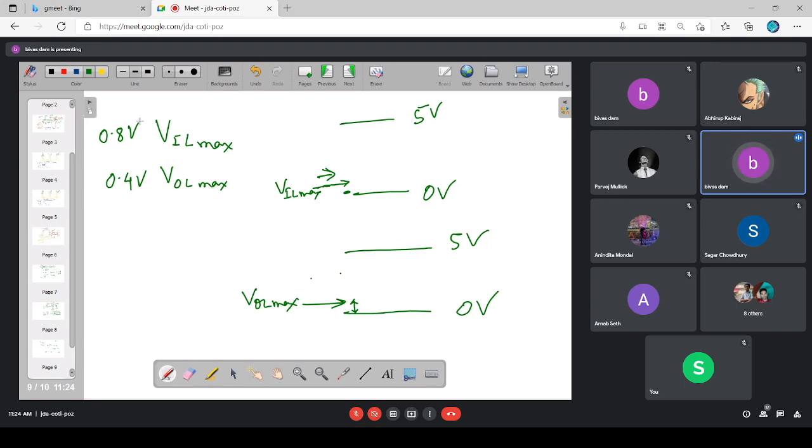How much positive noise can be handled here without giving any problem? 0.4 volt. So the noise margin under logic 0 condition is 0.4 volt or 400 millivolt.